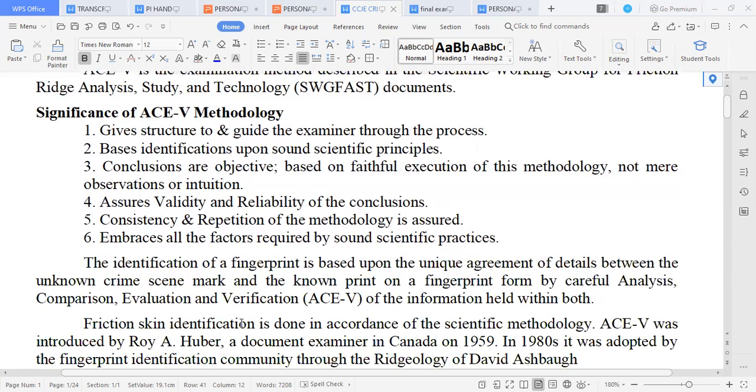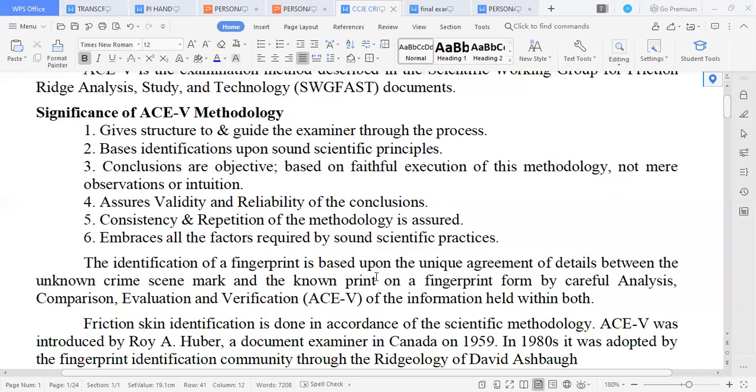So what is being emphasized in this method is that it is based upon the unique agreement of details between the unknown crime scene mark and the known print. So meaning those latent prints taken at the crime scene are being marked as unknown, and the prints taken from a person of whom the identity is known would become the known print, or the so-called standard print.